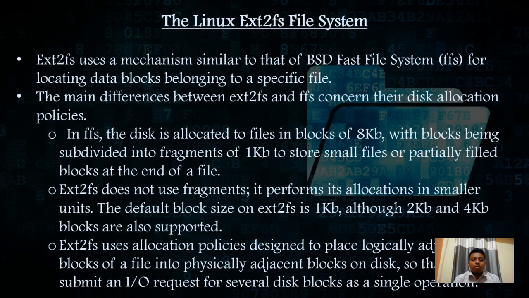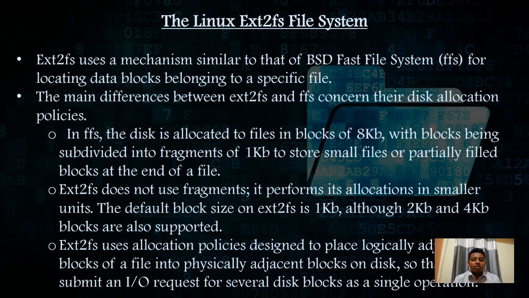The main difference between ext2fs and FFS concerns their disk allocation policies. In FFS, the disk is allocated to files in blocks of 8 KB, with the blocks being subdivided into fragments of 1 KB to store small files or partial blocks at the end of files.